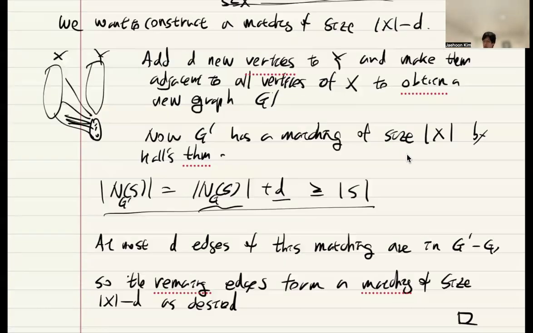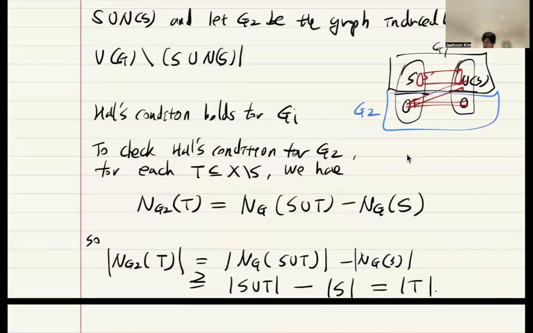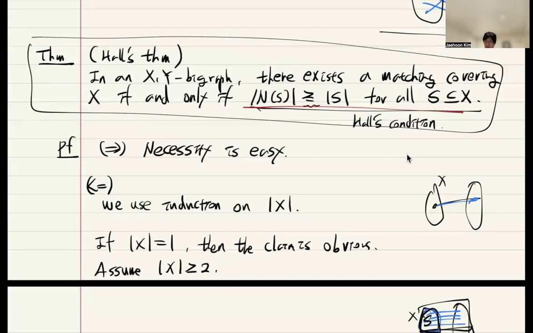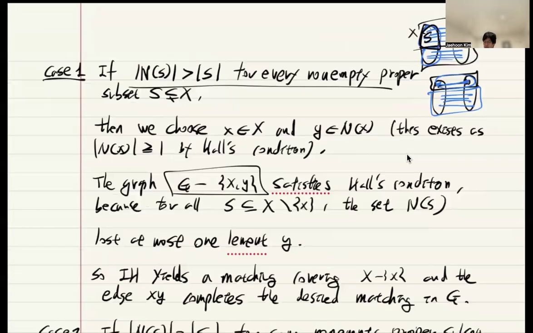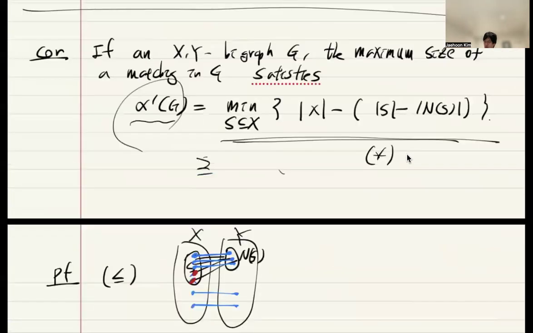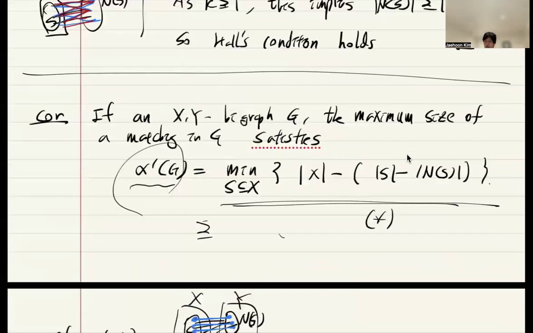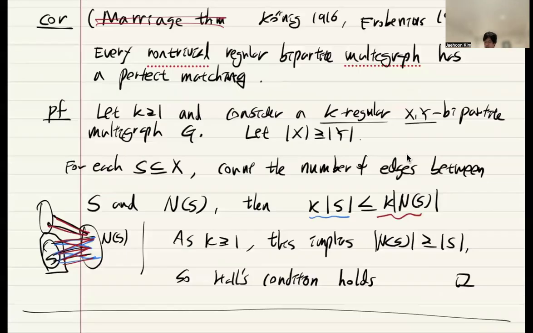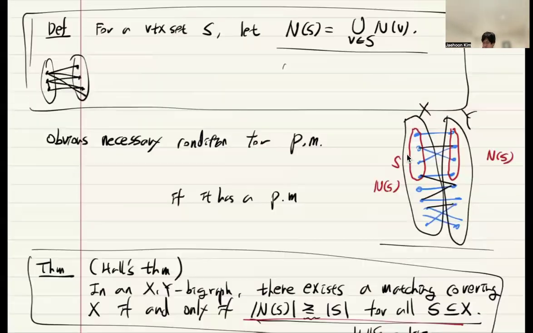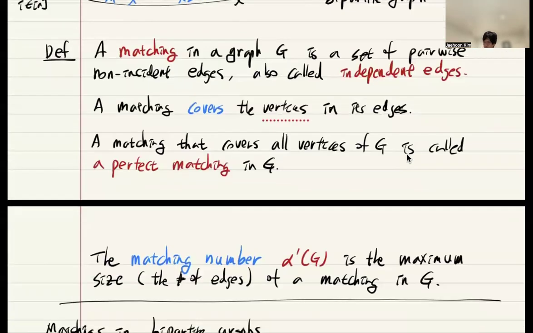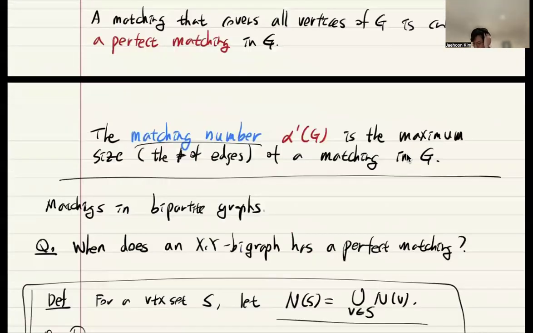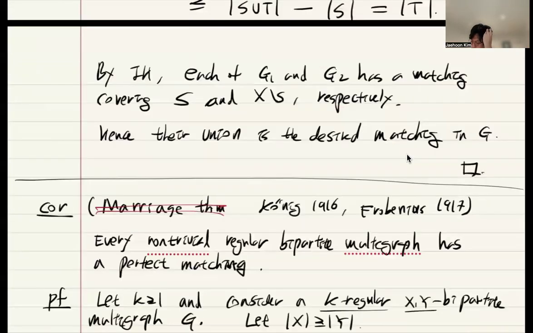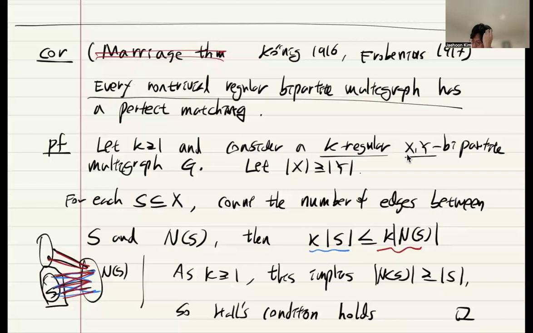So we have shown a necessary and sufficient condition for a bipartite graph to have a perfect matching. And we used it to find the formula for the size of the maximum matching, the matching number, alpha prime of G. Also we saw a corollary of Hall's theorem, which says that every regular bipartite multigraph has a perfect matching.